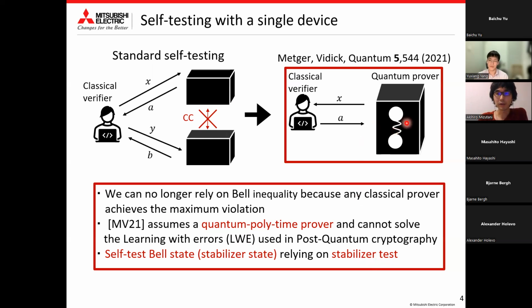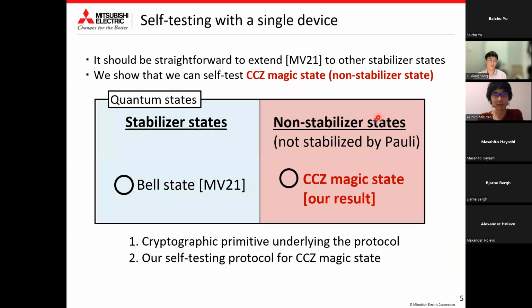Considering that this single-device self-testing protocol is based on the stabilizer test, it should be straightforward to extend this previous work to other stabilizer states. Quantum states are, of course, classified into stabilizer states and non-stabilizer states.